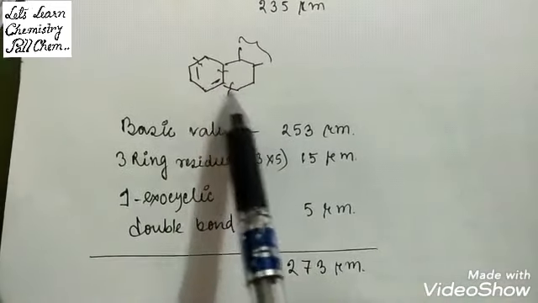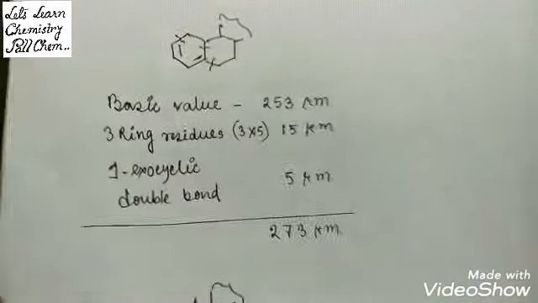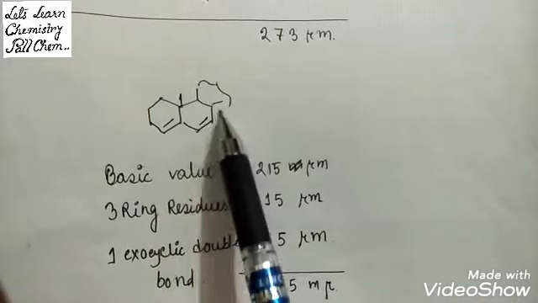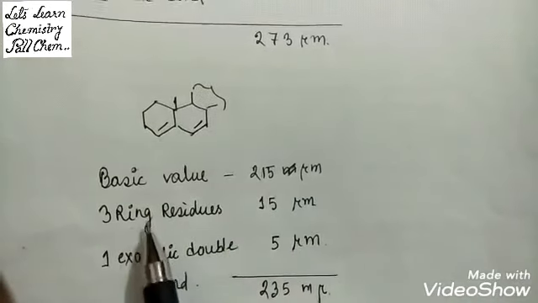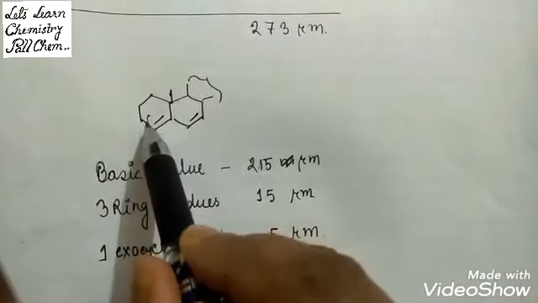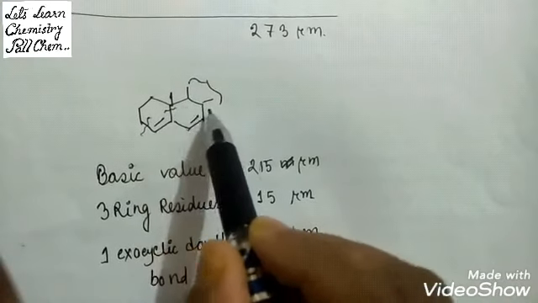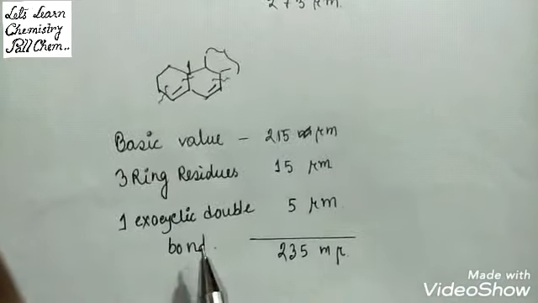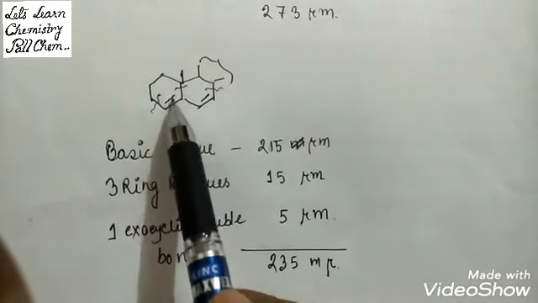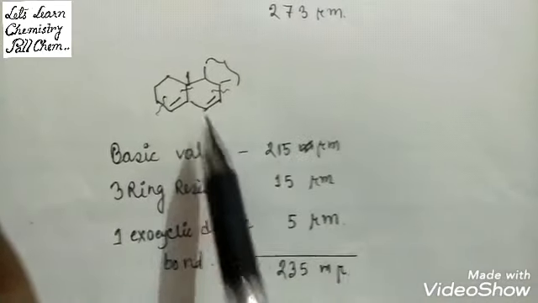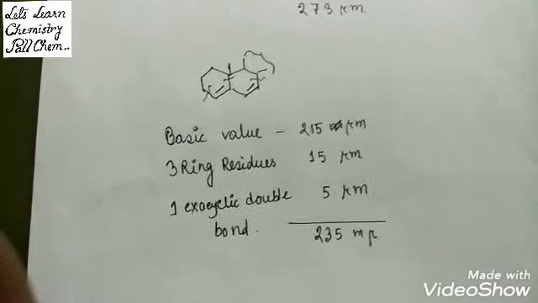This is the ring. This is the exocyclic double bond. Similarly, this one. This is a heteroannular diene. Basic value, 3 ring residues. One is this one, one is this one, one is this one. Then one exocyclic double bond. This double bond is exocyclic to this ring. So these are the examples.